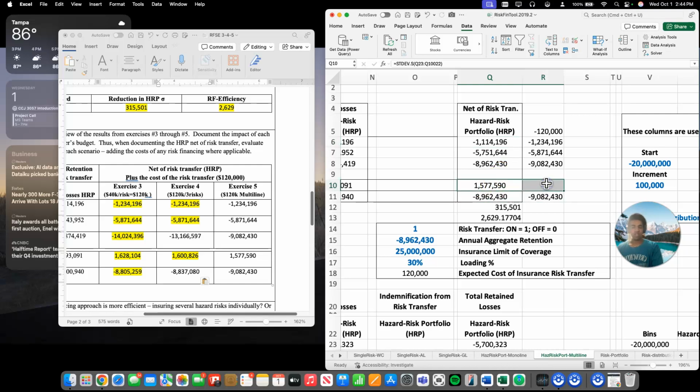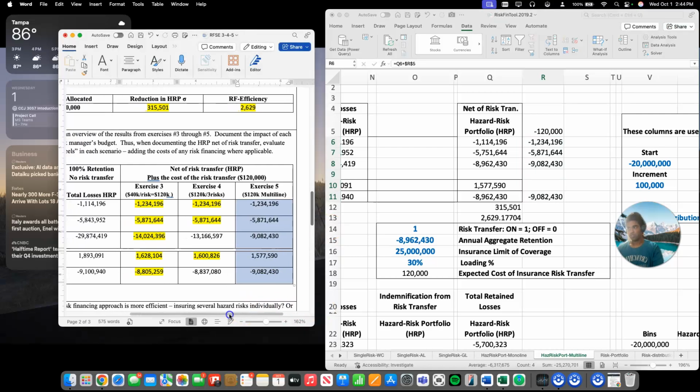Only the standard deviation does not increase by 120,000, because it's not a monetary number. It's not a dollar amount. So do not change your standard deviation for any of them. As you can see, these 5 numbers are these 5 numbers, including the standard deviation right here.